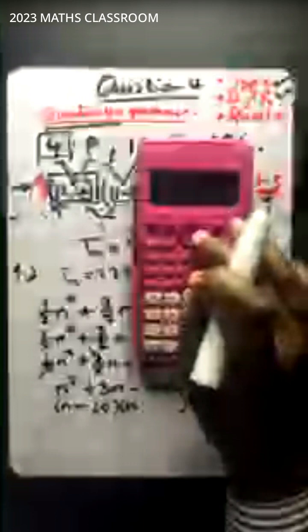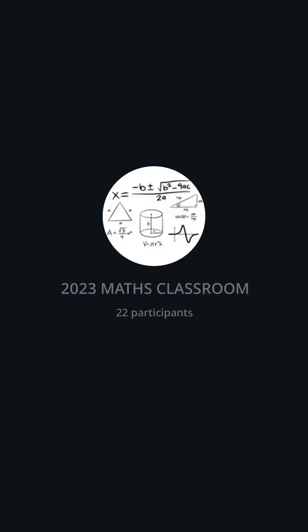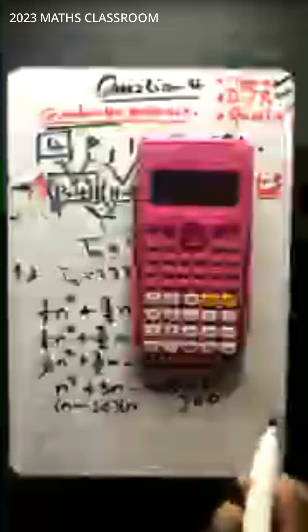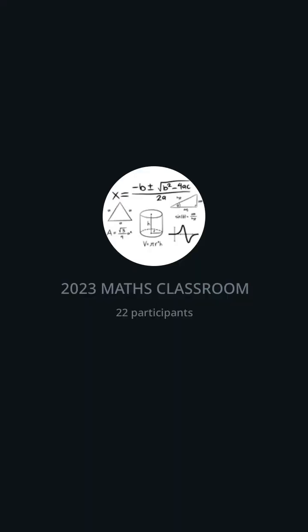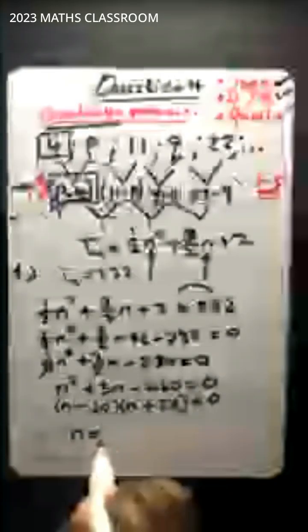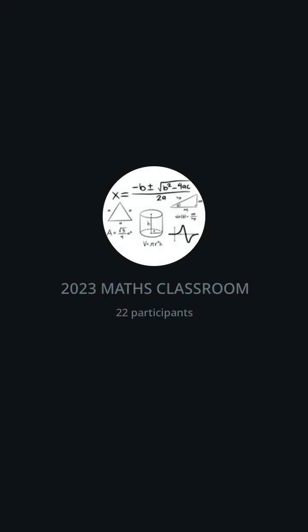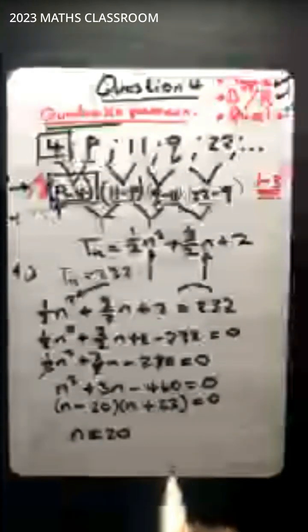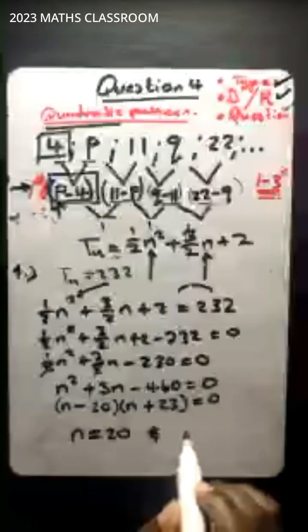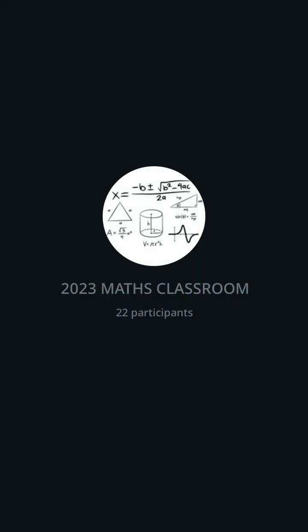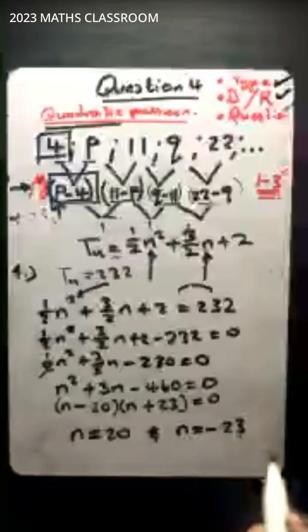Remember, guys, I did explain this process multiple times. On the calculator it is positive 23. In the brackets you write it in the opposite sign, meaning it's going to be positive 23. So obviously you now give the n values. Because it's a quadratic equation, it means you're going to have 2 possible answers. The first possible answer being positive 20, and the second possible answer being negative 23.